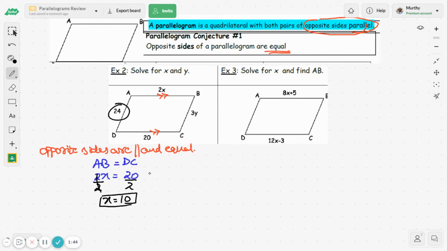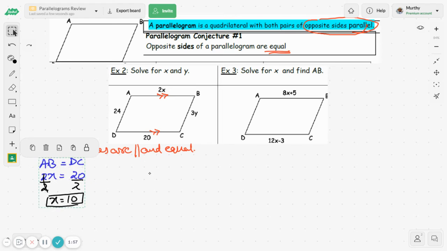Next, let's compare these two values. Again, these two are opposite sides, therefore they're equal in measure. So let me move this part, AB equals DC, a little this side, and the second part is BC equals AD.